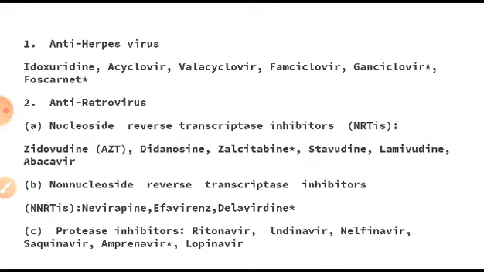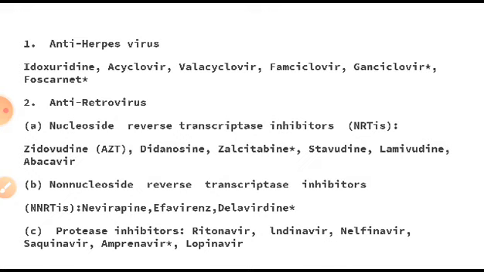In this, we have two categories: nucleoside reverse transcriptase inhibitors, called NRTIs, and non-nucleoside reverse transcriptase inhibitors, which we call NNRTIs. NRTIs have very potent drugs: zidovudine, didanosine, zalcitabine, stavudine, lamivudine, abacavir. And NNRTIs have nevirapine, efavirenz, delavirdine, right?